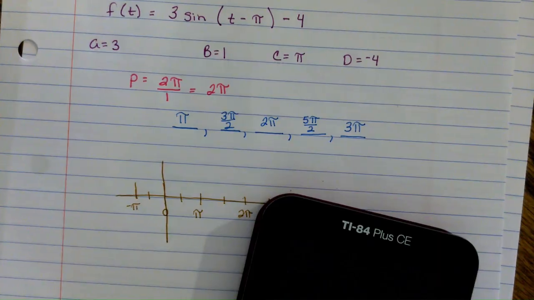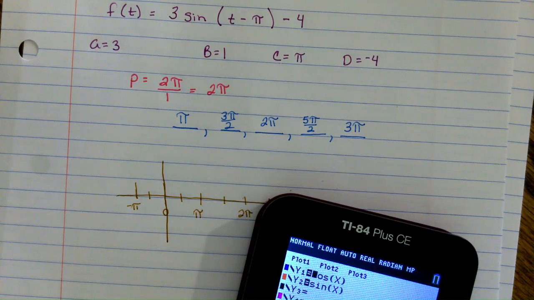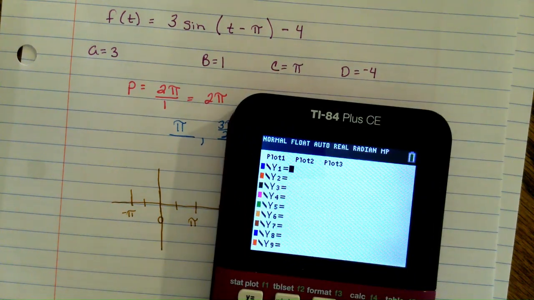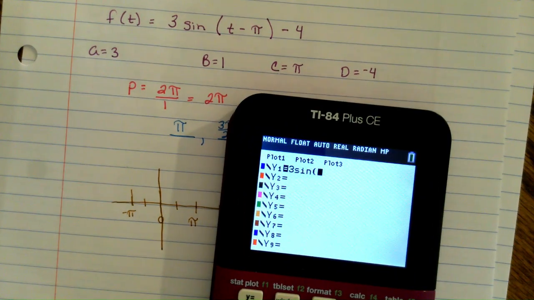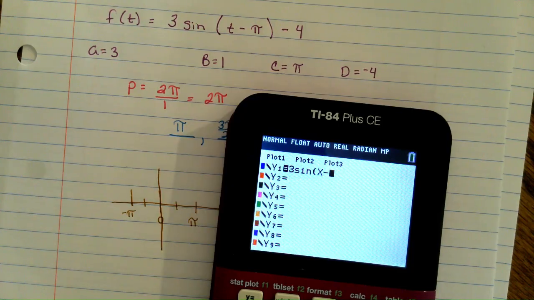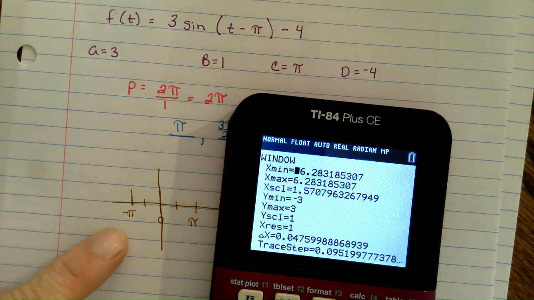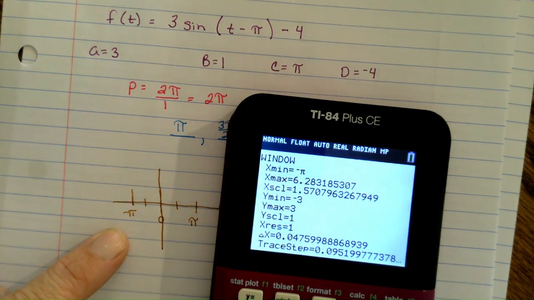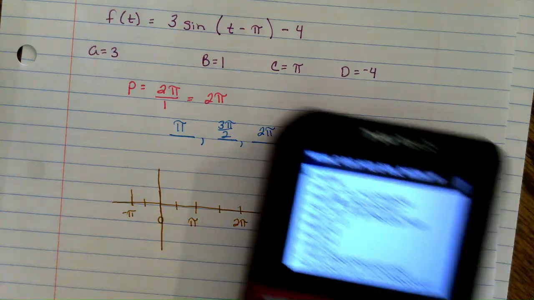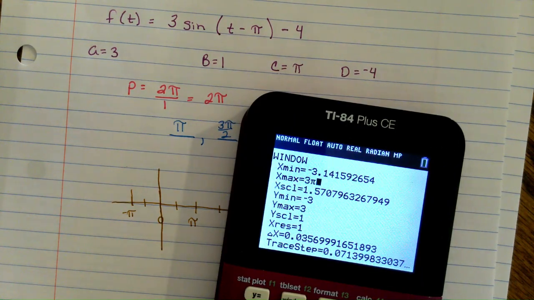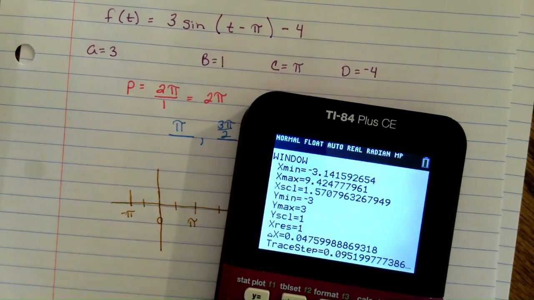Again, could I have gone forward instead of going backwards? Yes, I just like to have 0 involved if I can. Okay, 3 sine of t minus pi minus 4. And I started at negative pi, and I went to 3 pi. And my spacing was pi over 2, because I numbered by half a pi.